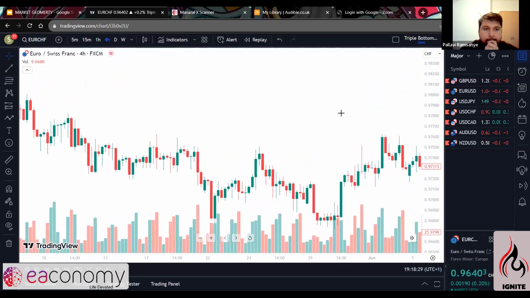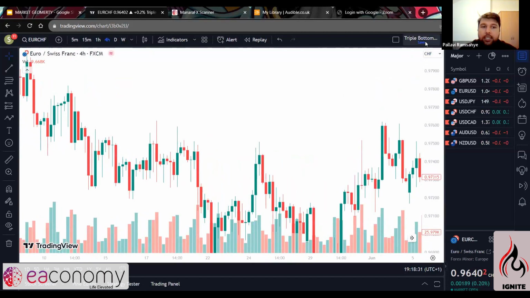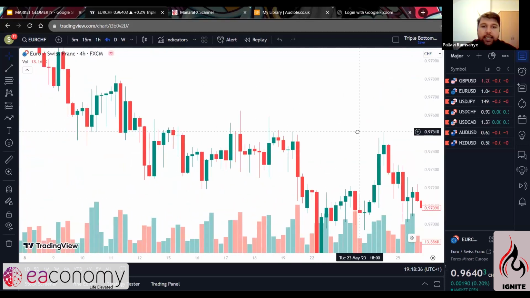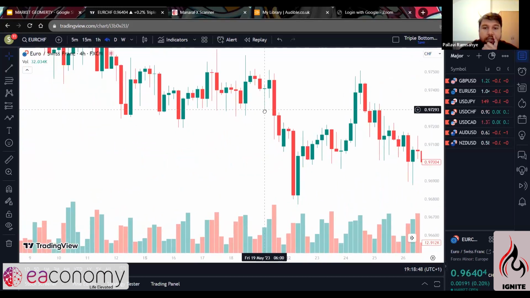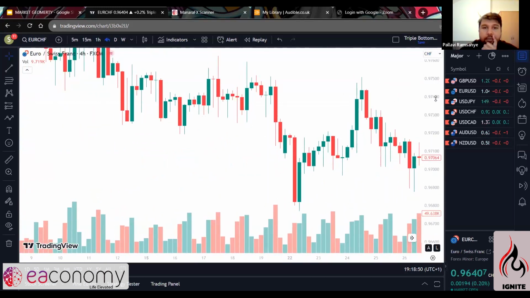Okay. Like I said, when you're looking for the resistance and support levels, they don't need to be exact because you always have wicks as well. And the body of the candle could be slightly different as well. Okay. So I can see one example here.